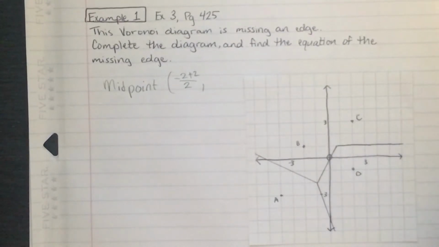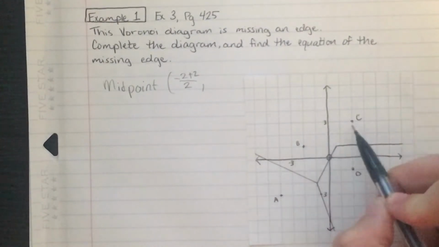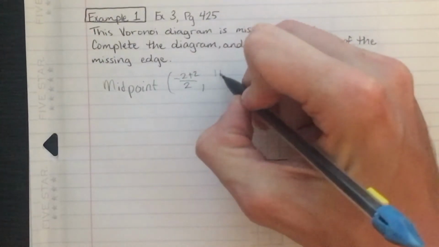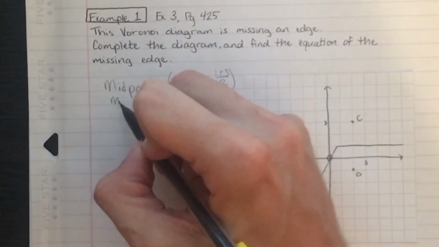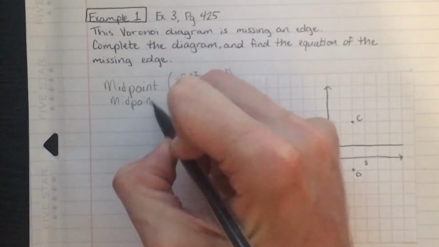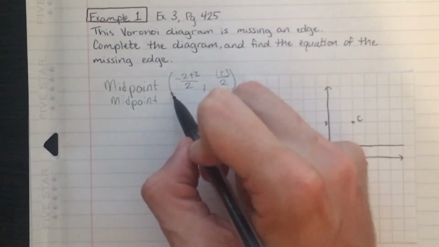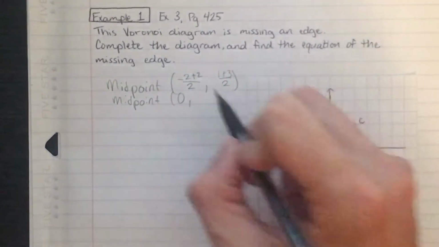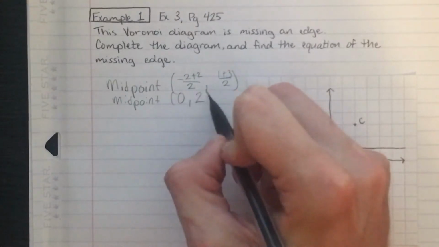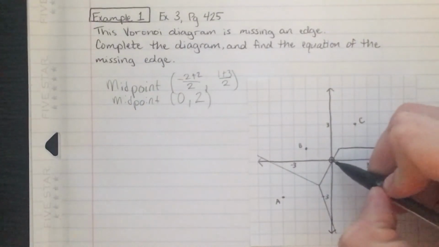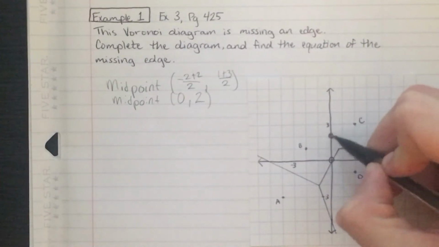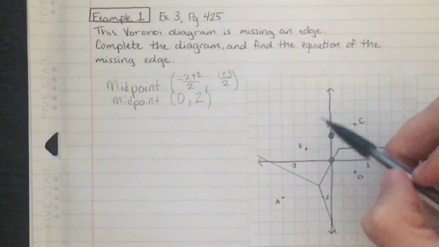Then for the y coordinate, we're going to add the y's: 1 plus 3 over 2. A little bit of quick maths, as the kids would say: (0, 2) is our midpoint. We can plot that midpoint here: 0, up 2. There we are. You can graphically confirm it's the midpoint.